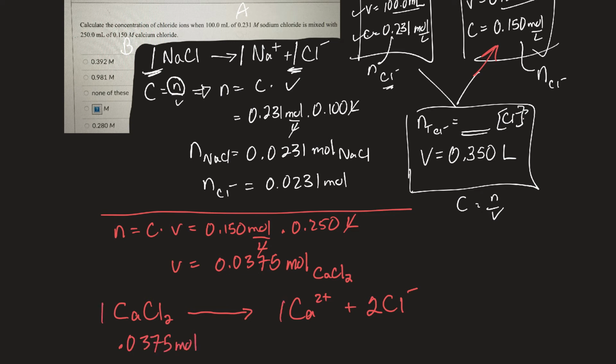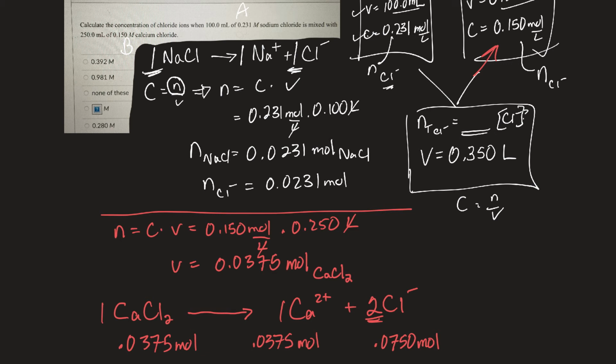Since it's 1 to 1, this will be the moles of the calcium. But I have to double that to get the moles of the chloride ions. So what will that be, 750? 0.0750 moles of chloride ions.